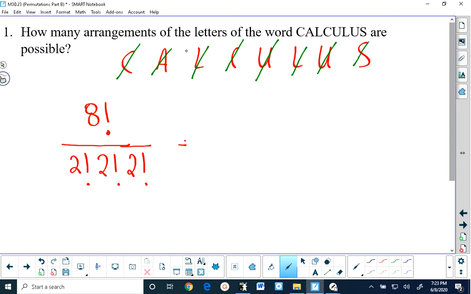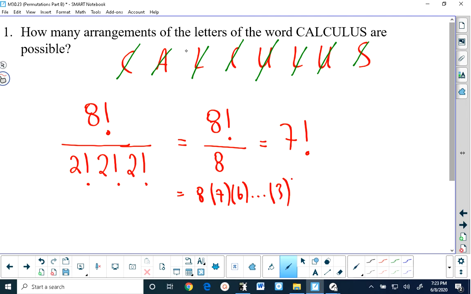So what this works out to is 8 factorial over, well, this is interesting. 2 factorial is 2. 2 times 2 times 2 is 8. This is going to work out to 7 factorial. Because the 8 factorial on the top here is 8 times 7 times 6, all the way down to 3 times 2 times 1.